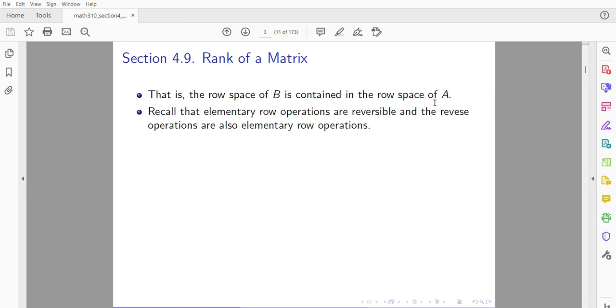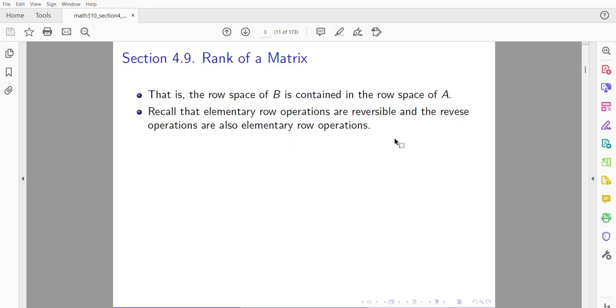Recall, elementary row operations are reversible. Remember, elementary row operations are basically invertible matrices. What about the reverse of these elementary operations? They are also elementary row operations.